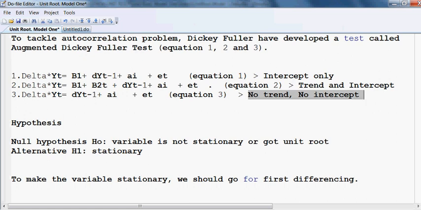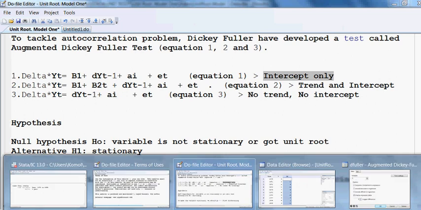So first I start with intercept only, whether our variable y has unit root or not.